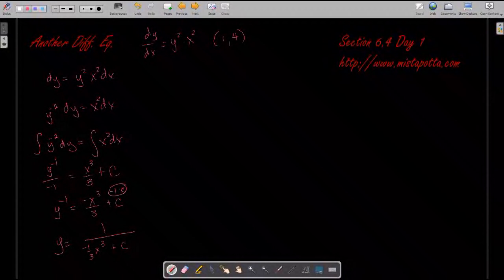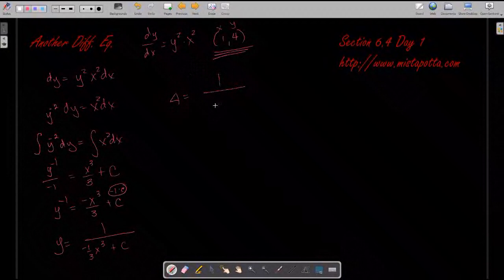And I need to finish it by taking a look at these initial conditions. The idea is that when x is 1, y is 4. So I'm going to have 4 equals 1 over -1/3 x cubed plus a constant. Now I'm going to solve for c.